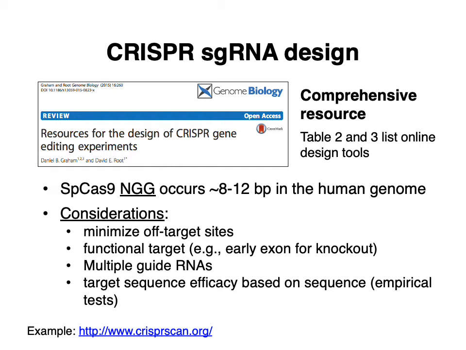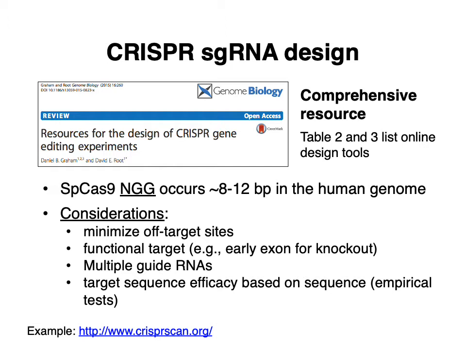So if you decide to go with SP-Cas9, your target sequence has to have a proximal NGG in order to perform the edit. At least in the human genome, that sequence motif, NGG, happens about every 8 to 12 base pairs. So there's lots of sites across the genome that can be edited.